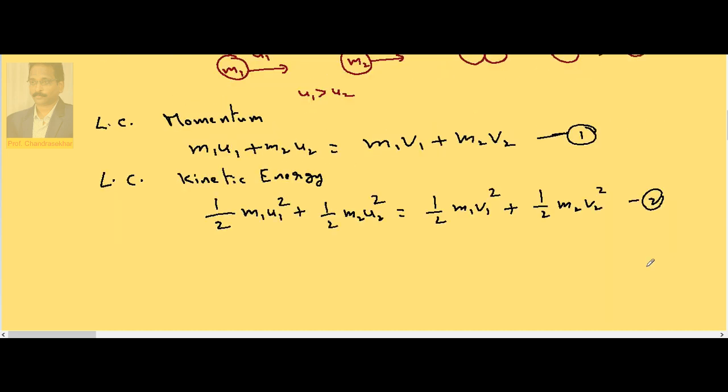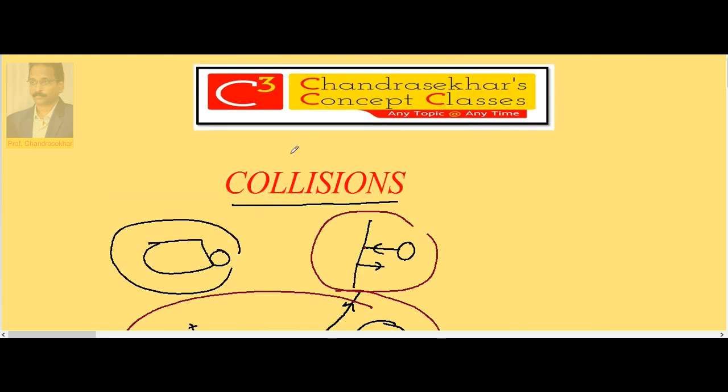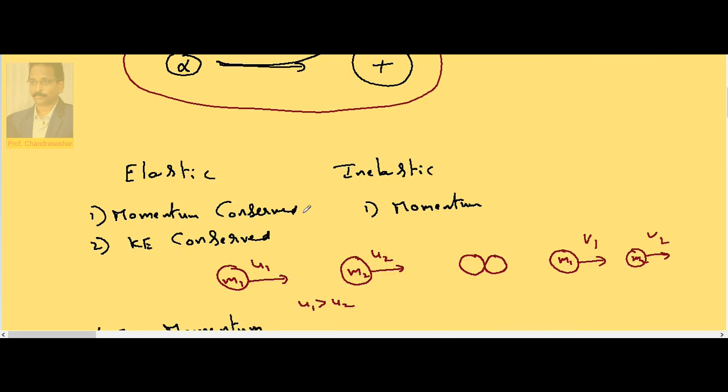So momentum conservation, kinetic energy conservation. If both are conserved, if the first and second equations are obeyed by a collision, then the collision is said to be elastic. So in elastic, both momentum and kinetic energy are conserved. Equation 1 and equation 2 both are valid. But in inelastic, only equation 1 is applicable and not equation 2.